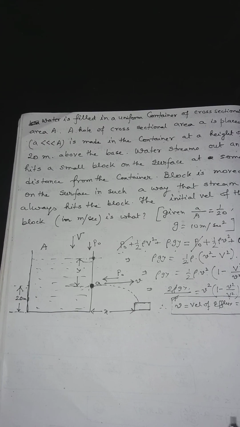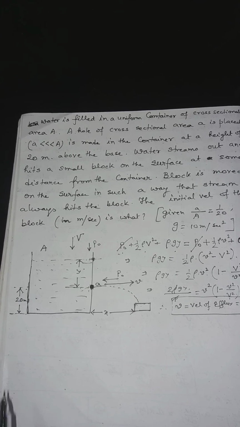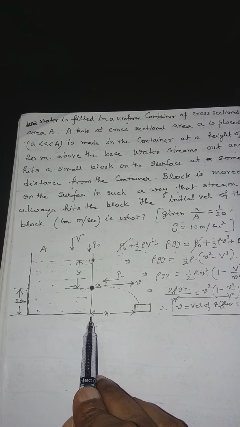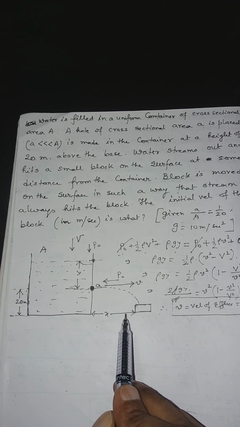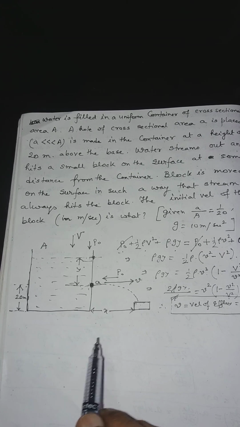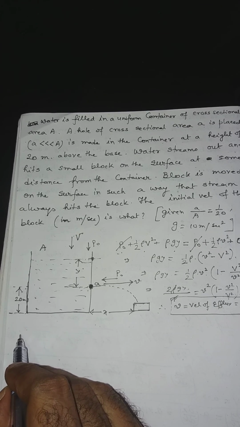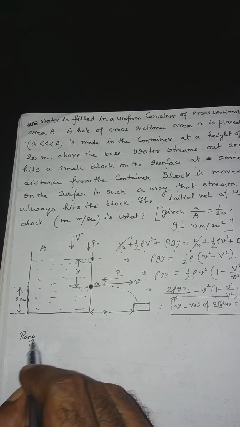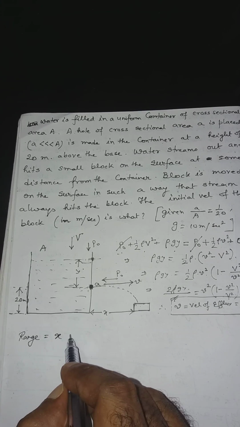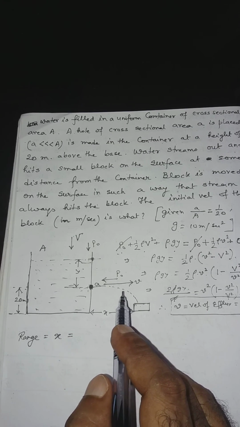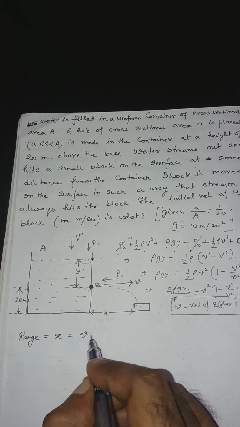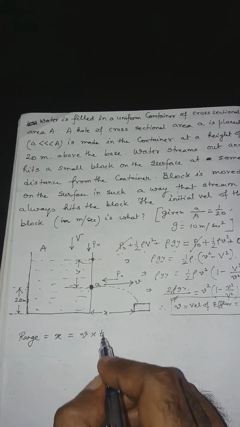Now what we have to find out is the velocity of the block. Before understanding the velocity of the block in the horizontal direction over the surface, first we have to use the formula of range. The range x is equal to the velocity of efflux multiplied by the time taken by the block.